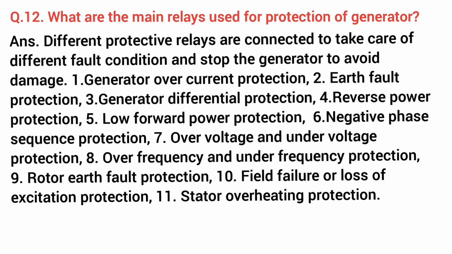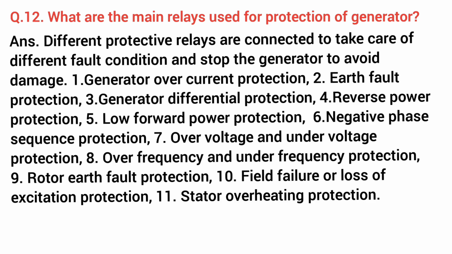What are the main relays used for protection of generator? Different protective relays are connected to take care of different fault conditions and stop the generator to avoid damage. 1. Generator over current protection. 2. Earth fault protection. 3. Generator differential protection. 4. Reverse power protection. 5. Low forward power protection. 6. Negative phase sequence protection. 7.